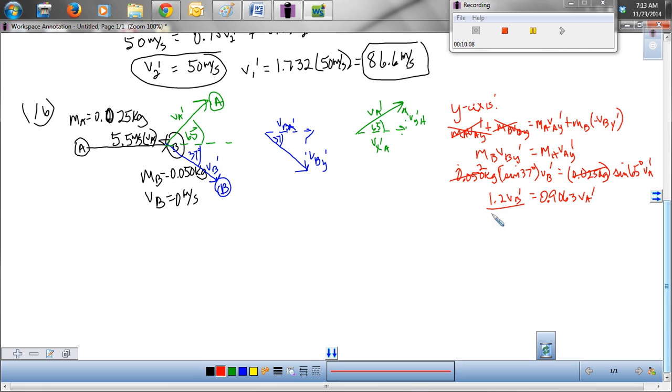I'm going to divide both sides by 1.2. Cancel those out. So now I need to divide that by 1.2, and I get 0.755.